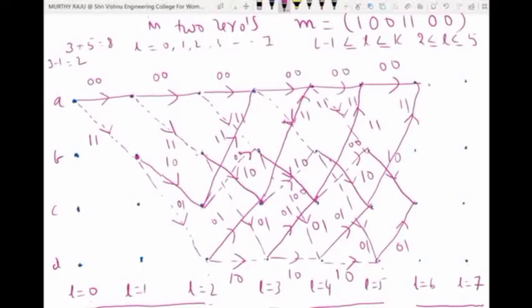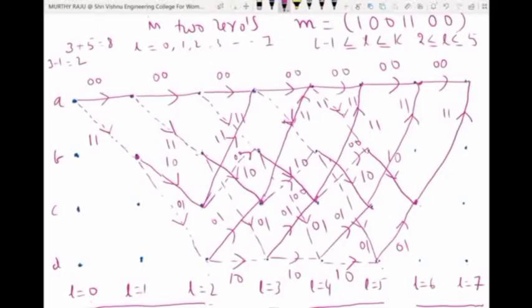At the L is equal to 6th level, only A and C are there. You are in state A, input bit is 0, goes to state A, with output 0 0. You are in state C, input bit is 0, goes to state A, with output 1 1.